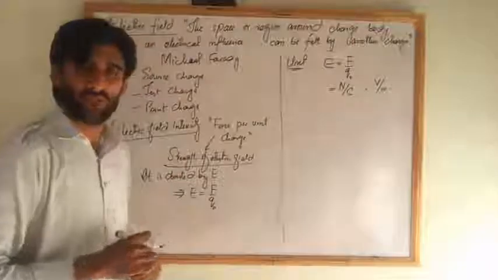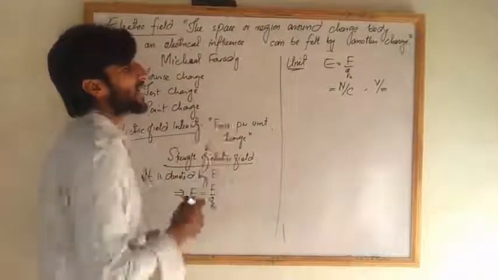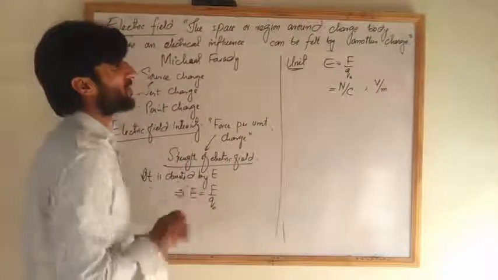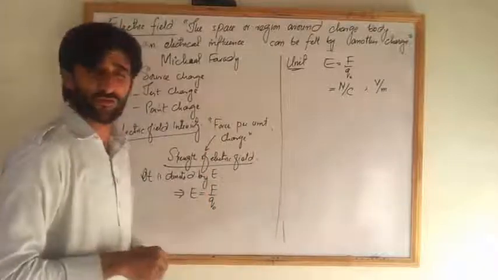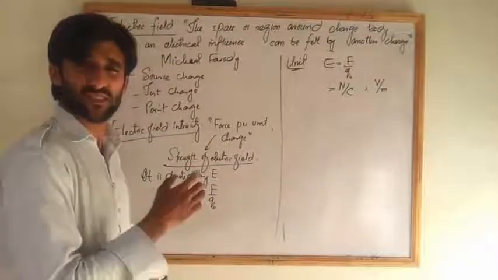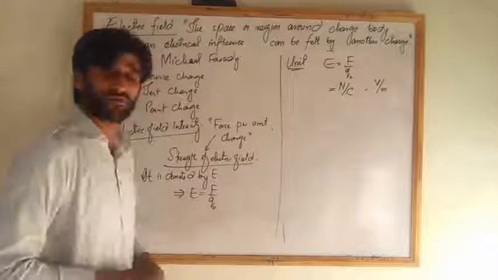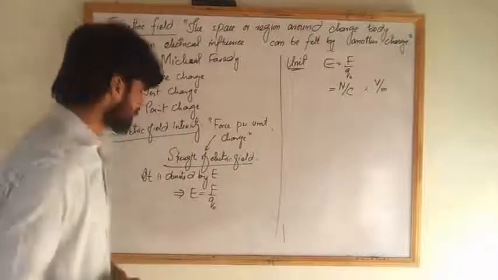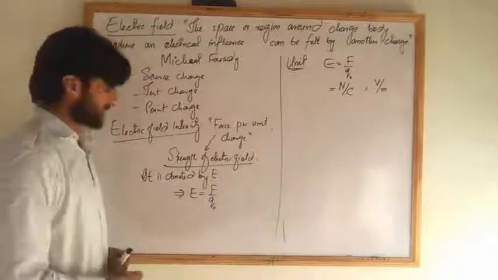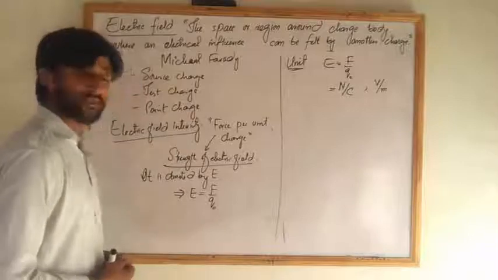So this is called potential gradient. We can derive the unit of electric field intensity from there also, that is volt per meter. Volt is the unit of potential, and M is the unit of distance, that is meter. So this is the unit for the electric field intensity.